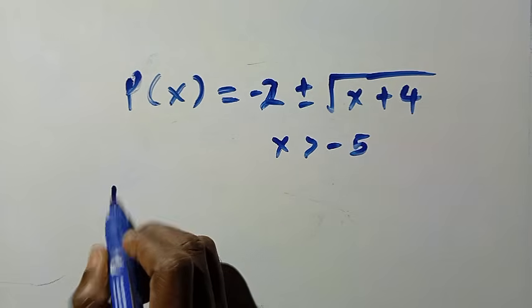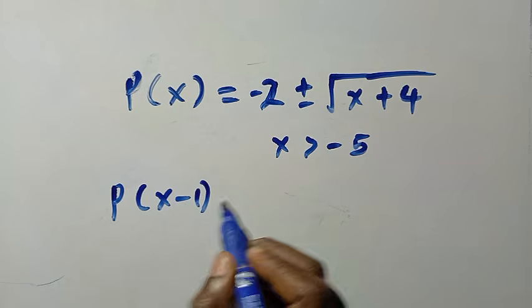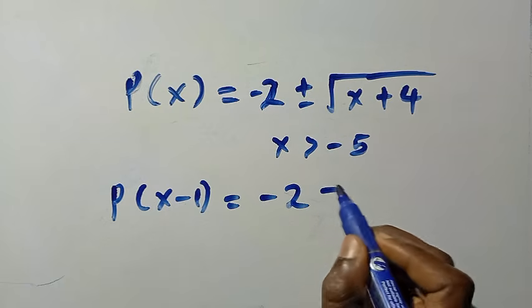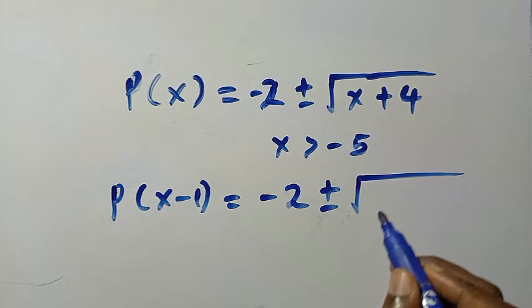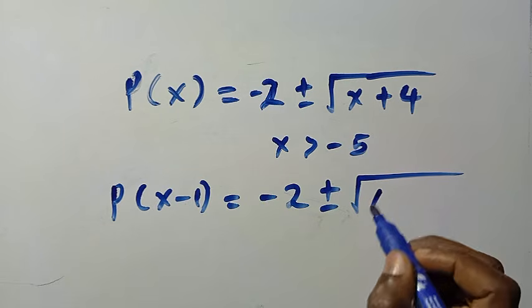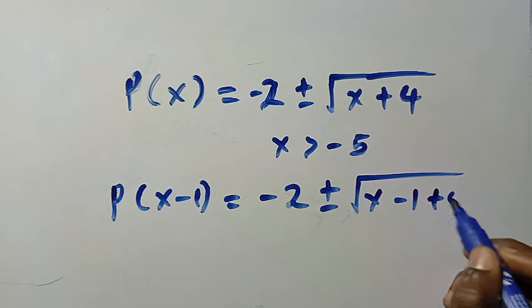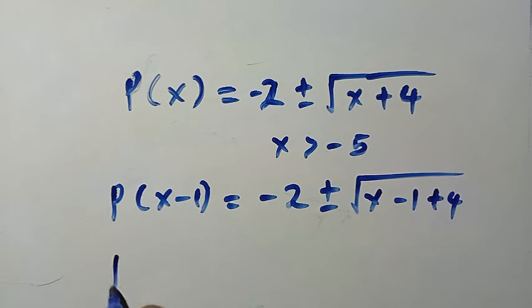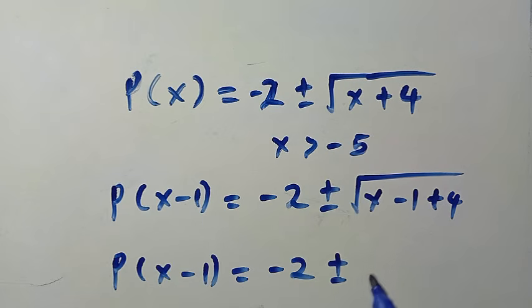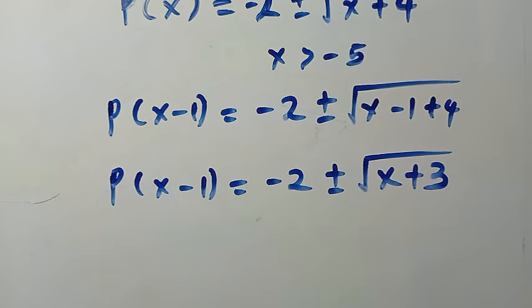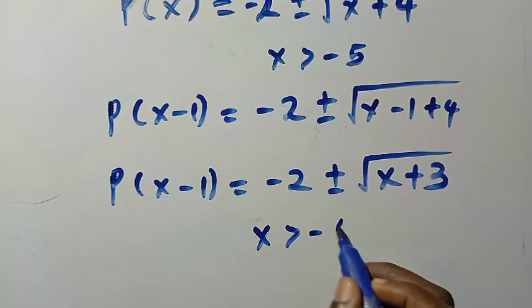Then replacing x with x minus 1, this equals minus 2 plus or minus the square root of x minus 1 plus 4. Therefore, P of x minus 1 equals minus 2 plus or minus the square root of x plus 3. And this is how we got P of x minus 1. But note that the domain of this function is greater than minus 4.